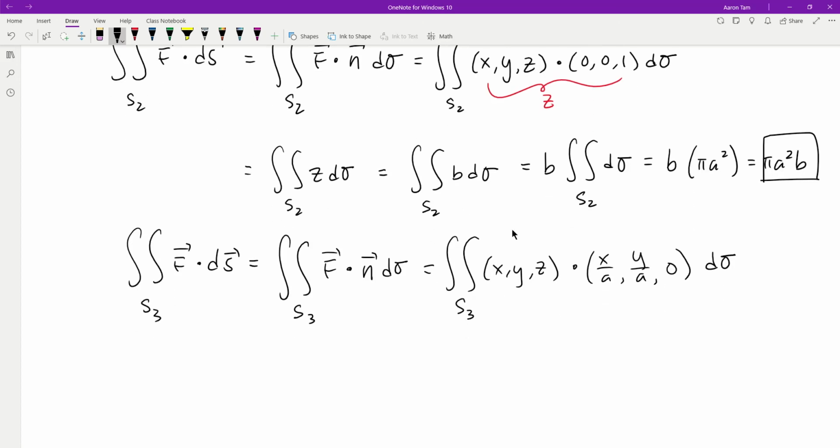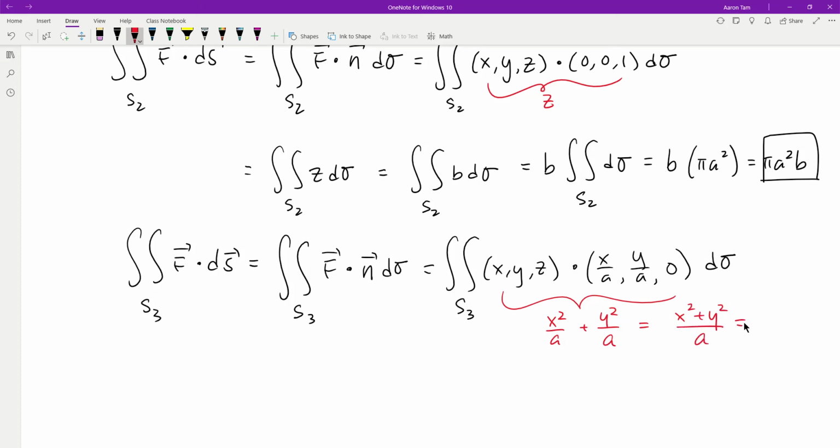When I carry out this dot product right here, I will actually have x squared over a plus y squared over a. Now, if I combine them together, that becomes x squared plus y squared over a.